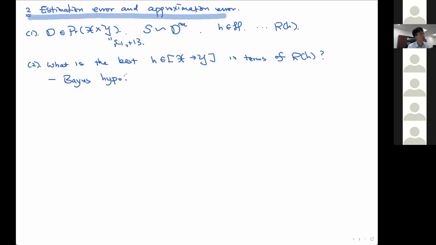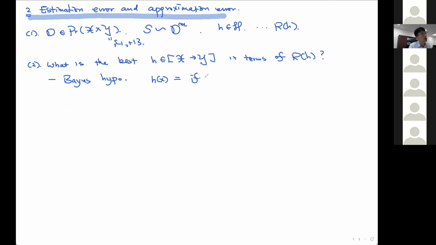sometimes called the Bayes classifier. And how is it defined? We say that for f of x, it will do case analysis. This is something that we cannot really compute, but it exists mathematically.